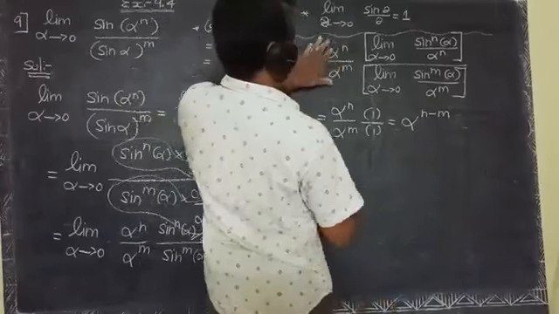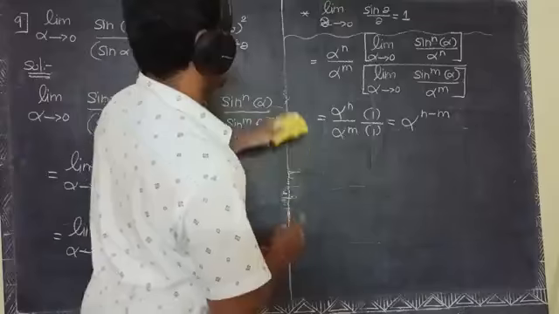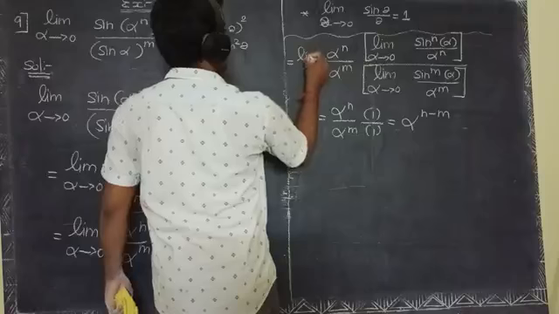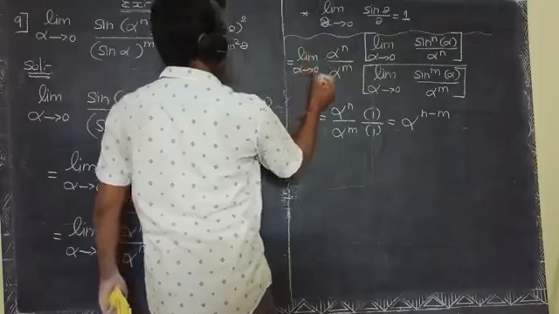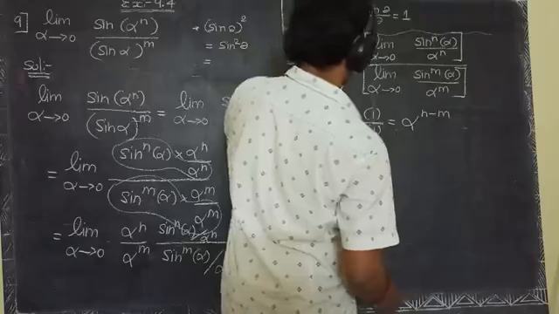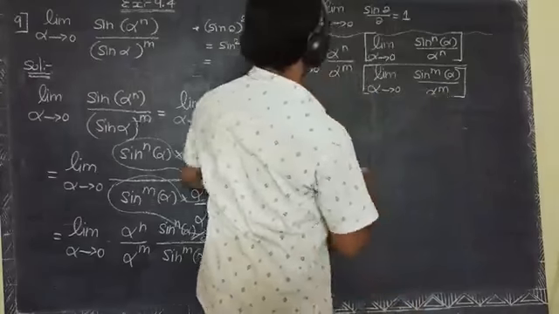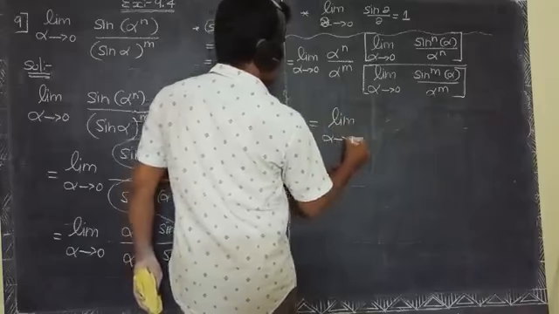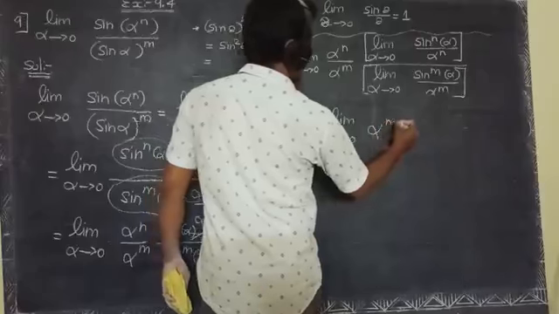Applying the limit to the function, this is a constant function, equal to limit alpha approaches 0 of alpha power n minus m.